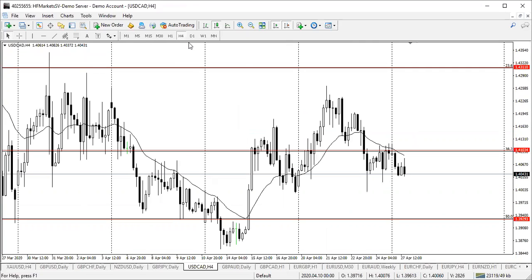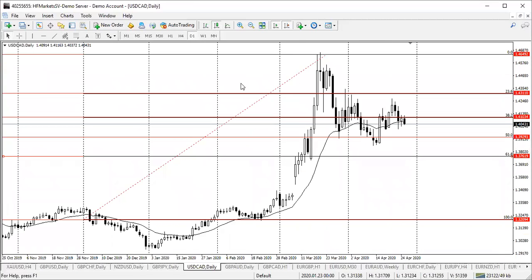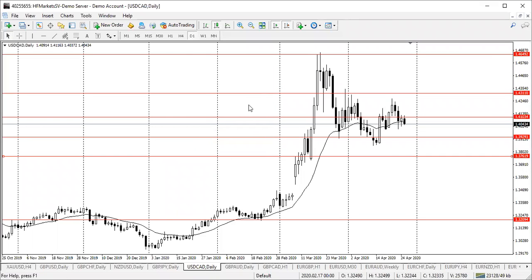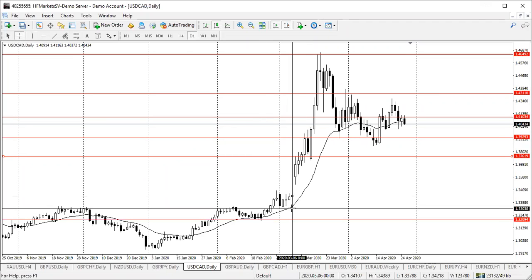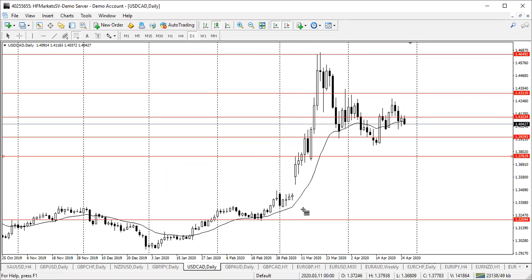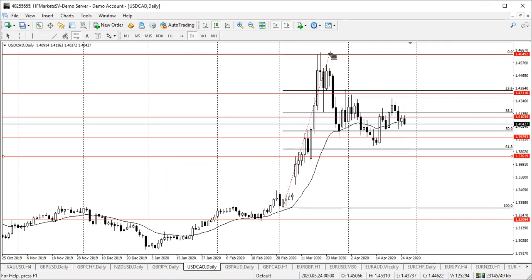So this is USD CAD. I don't think I've worked on this, so let me remove everything here. So this is USD CAD.